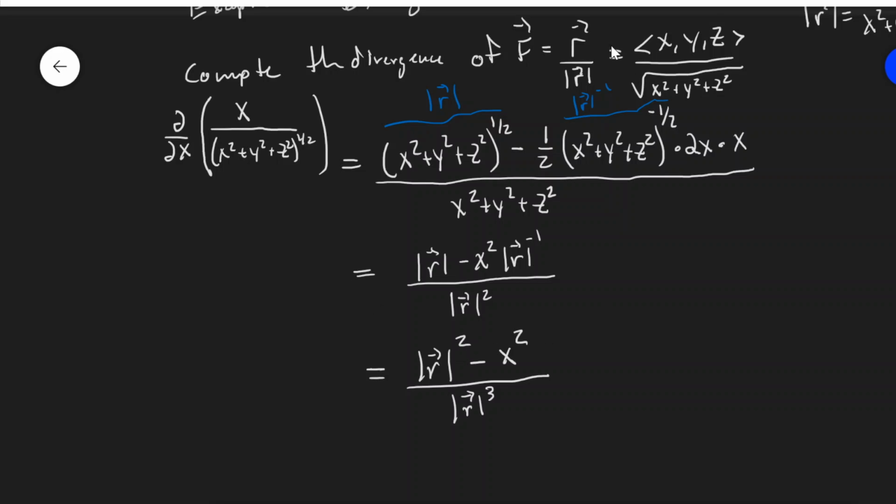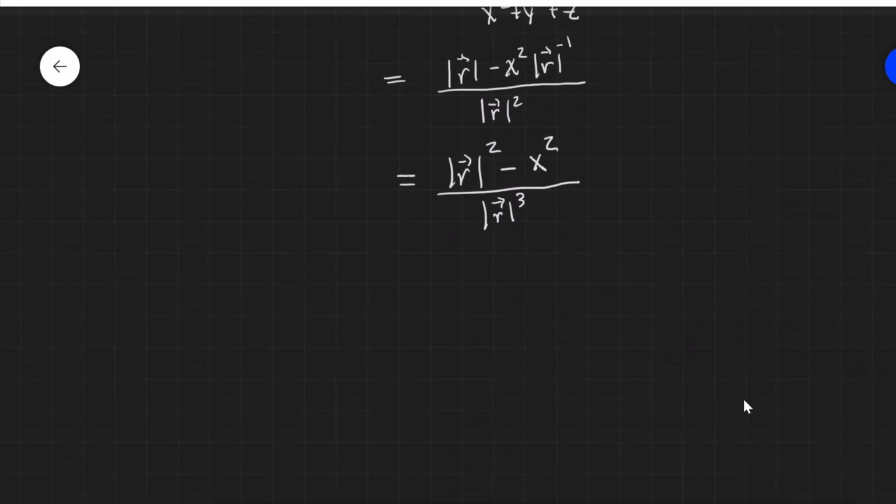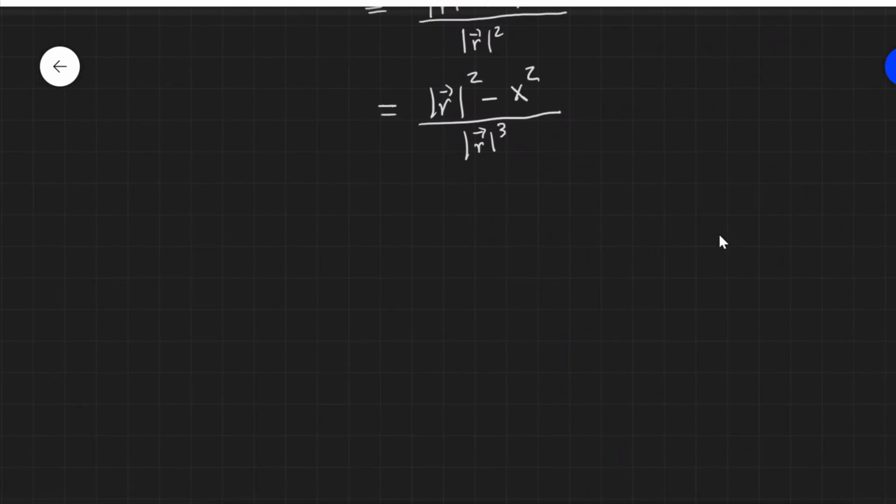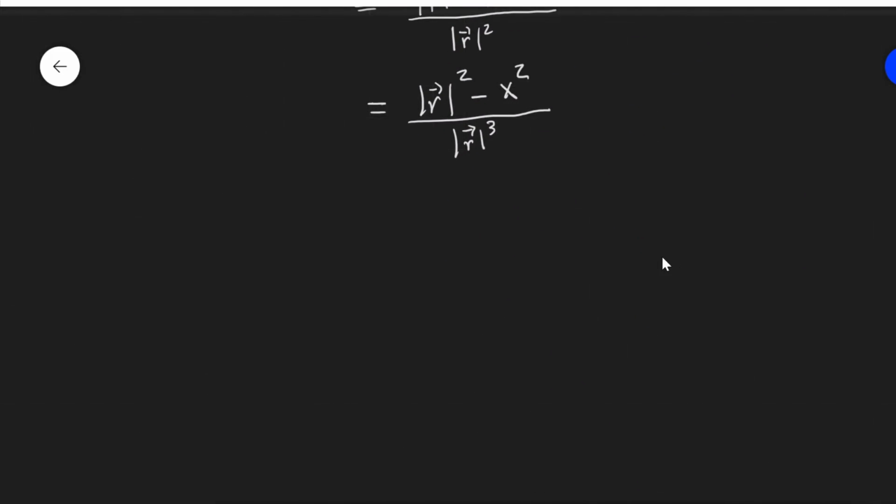Now this radial vector field is highly symmetric, so when I take a partial with respect to y of the y component of this, it's essentially the same as what we just did here if you replace every x with a y. Hoping you see that symmetry there, I'll skip to what this comes out to be.